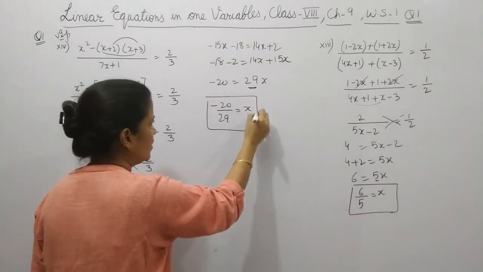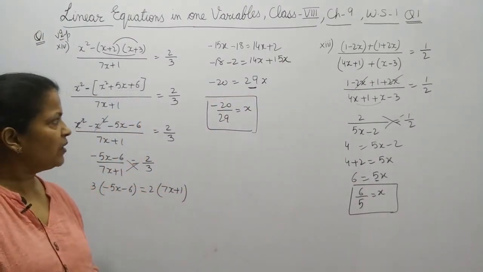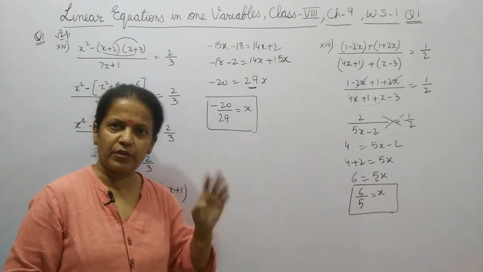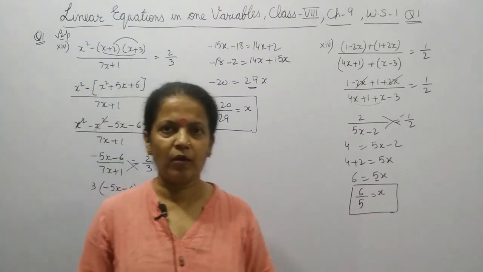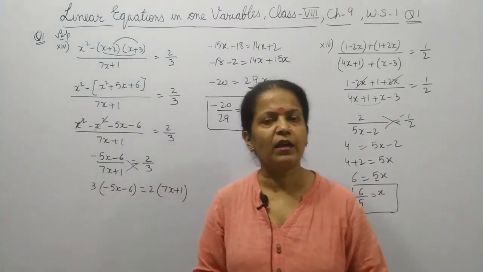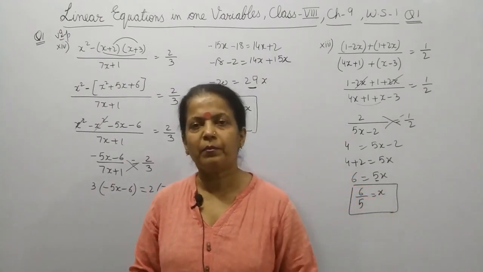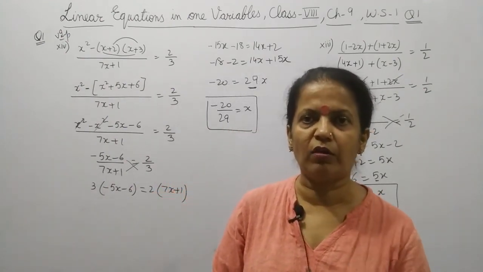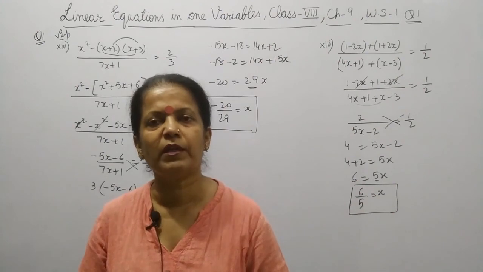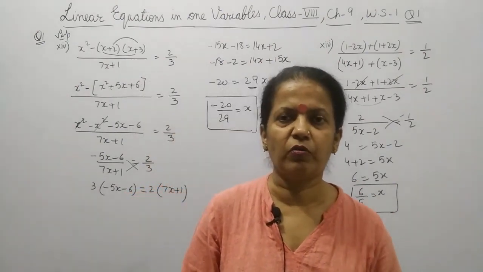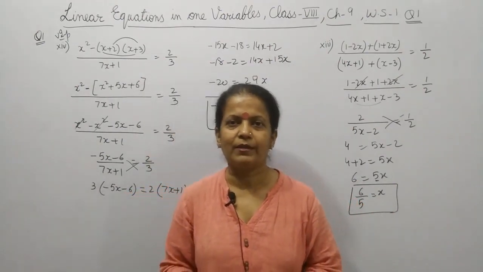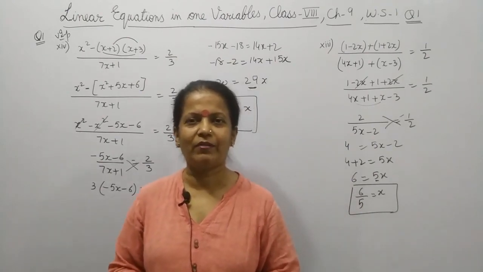So this is the answer. As we cannot cancel the terms over here. I hope all these parts are clear to all of you, but make sure to multiply while solving the cross, while doing the cross multiplication, make sure about their signs also. That's all for today. Thank you and have a nice day.